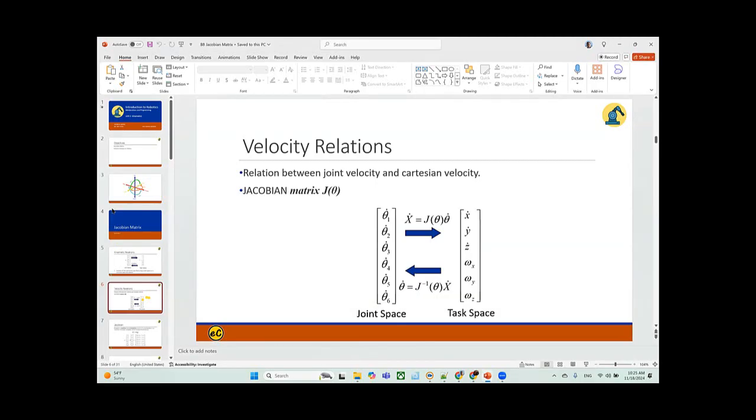When you take the derivative of the displacement or the control variables, you get speed, the velocity in the XY direction and the angular speed. In this way, you can calculate the inverse of the Jacobian matrix, and you will be able to find the speed of change of the control variables. So that's the reverse kinematics.